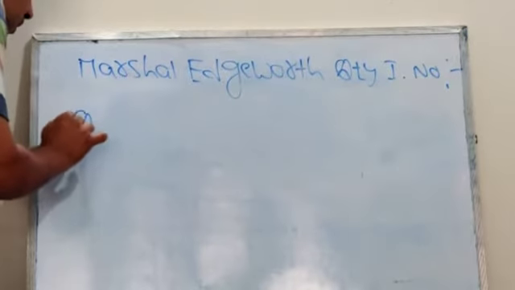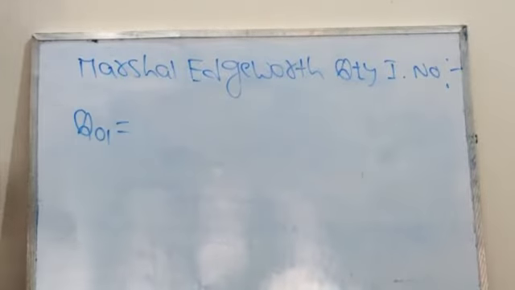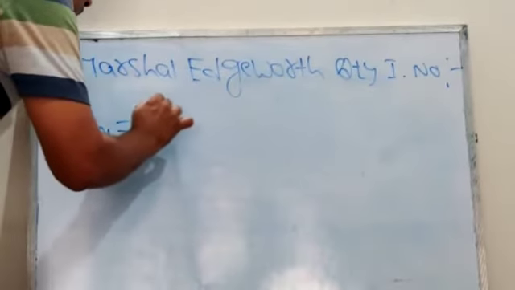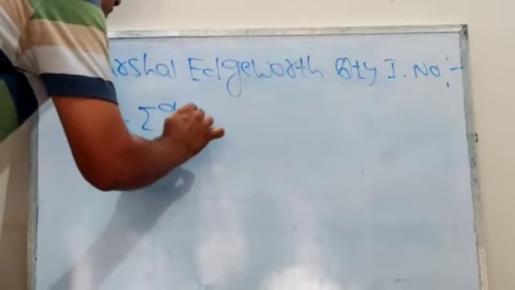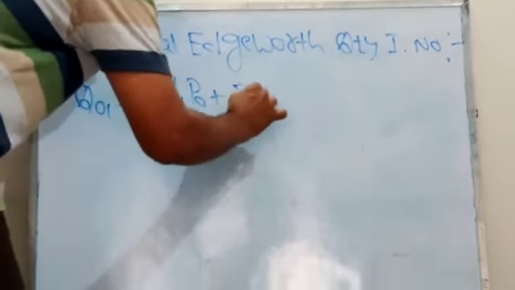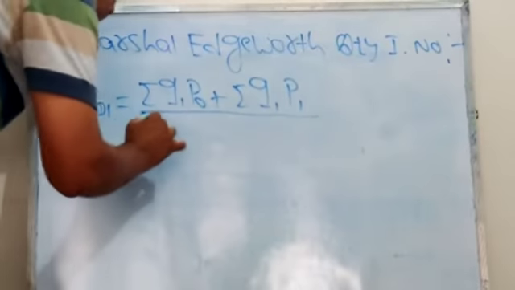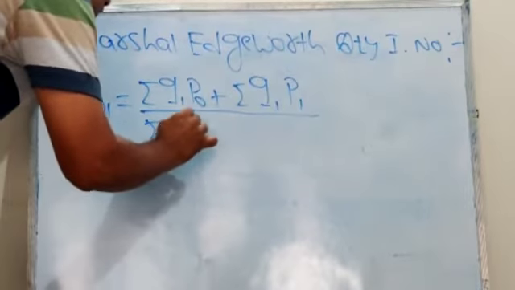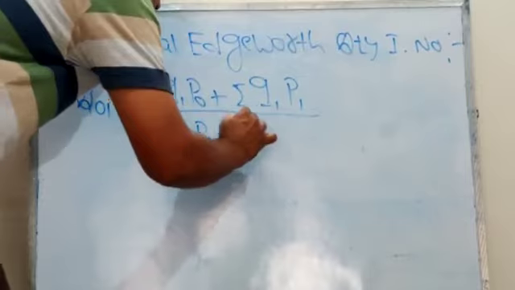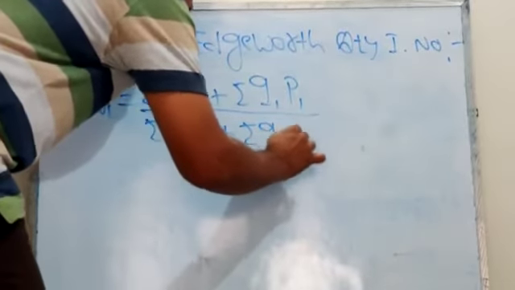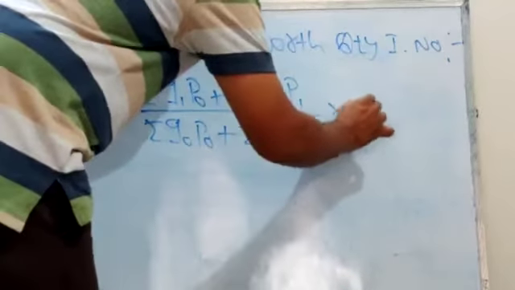Here the formula is Q01 equals summation Q1 P0 plus summation Q1 P1, whole divided by summation Q0 P0 plus summation Q0 P1, into 100.